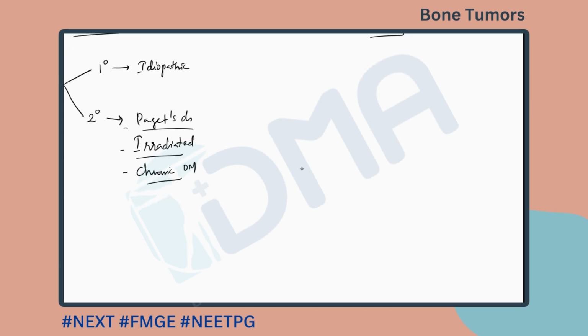Now, osteosarcomas are commonly seen in the second decade. So, the tumor which is commonly seen in the second decade of life is osteosarcoma. Osteosarcoma most commonly involves a metaphyseal region, that is distal femur is the most common site, followed by proximal tibia.